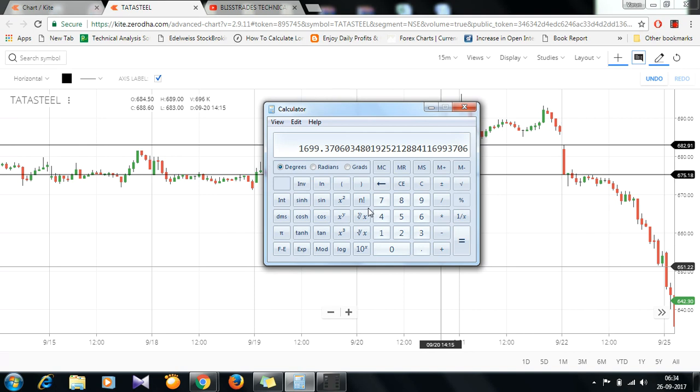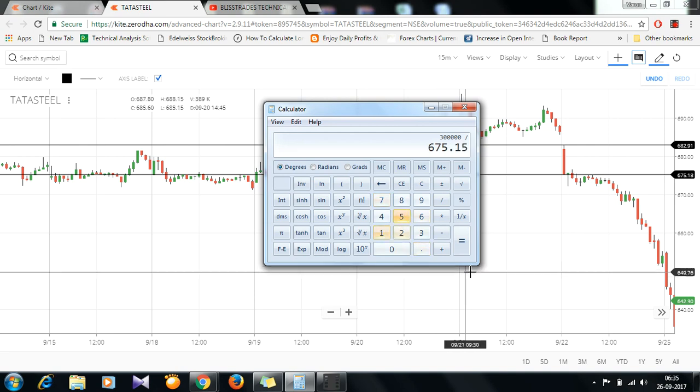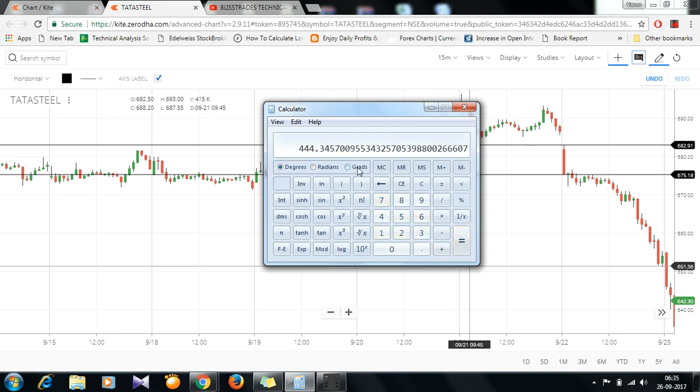Now, this position size will also depend on the capital which you have. Suppose I have only one trade and I decide to take it wholly with 3 lakh capital. So 3 lakhs divided by 675.15, these many shares, obviously double, would be my position size. So this is the way I do position sizing for intraday trading.